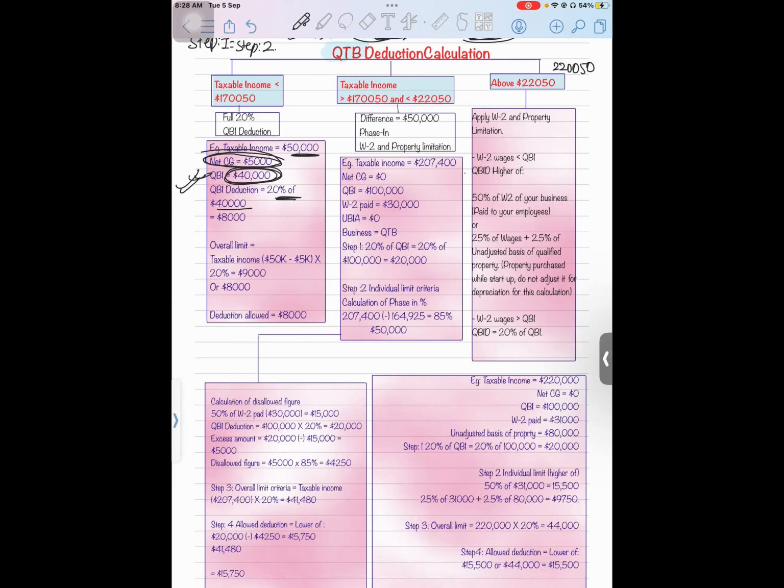Taxable income is 50,000, but you reduce the net capital gain of 5,000. So that will be 45,000 into 20% or 40,000 into 20%. Whichever is lower, we take it as it is. If it is more than this amount, here the example is given.